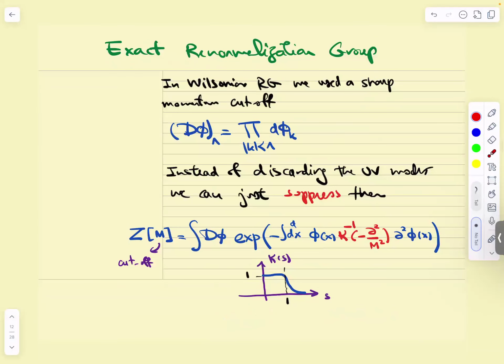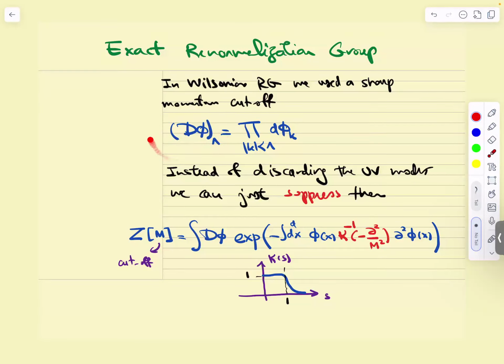Now I have 3 slides about exact RG, and then we move on. It's very convenient that there was a talk about this yesterday. So what is the exact renormalization group? Remember again the Wilsonian RG. What did we do with Wilsonian RG? We put a sharp momentum cutoff.